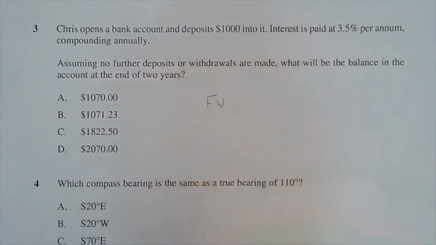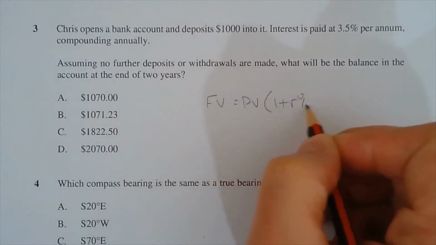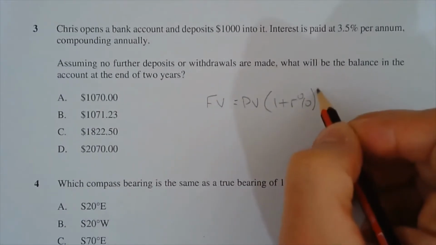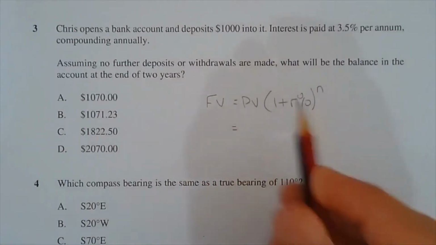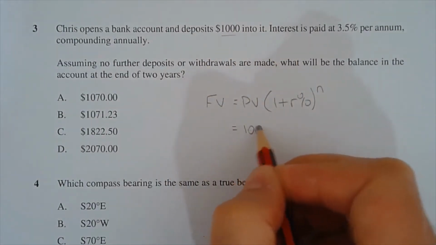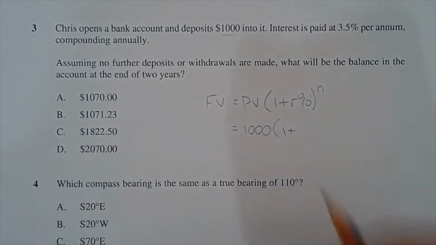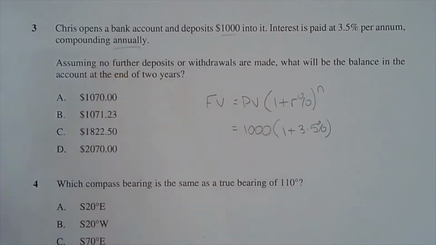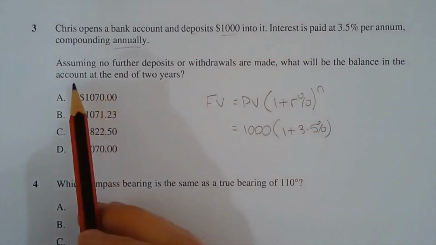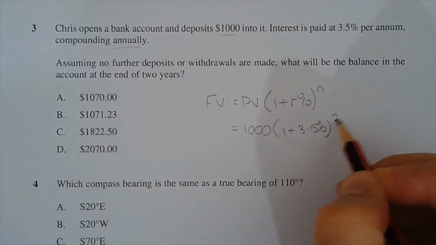Future value is equal to the present value multiplied by 1 plus the interest rate as a percentage per period, to the power of n, which is the number of compounding periods. So the present value is $1,000. 1 plus the interest rate, which is 3.5% per annum, which means per year. So I'm just going to write it as a percentage. Compounding annually, so that's important to know. Each compounding period is 1 year, and the number of compounding periods is 2 because it's at the end of 2 years. So it's going to be to the power of 2.